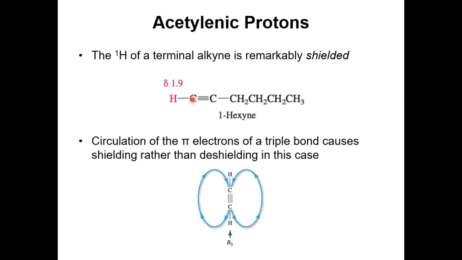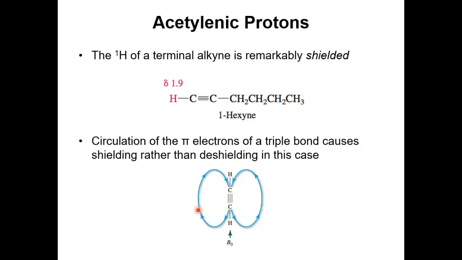As we know, sp hybridized carbon is even more electronegative than sp2 hybridized carbon. So why the chemical shift value of the alkyne proton is so low is basically that the circulation of electrons of a carbon-carbon triple bond is different from that of a carbon-carbon double bond.